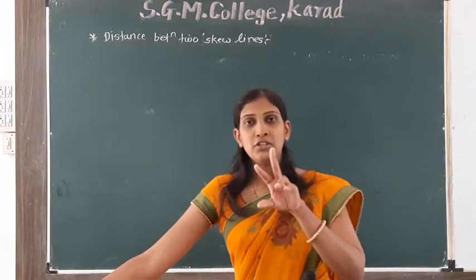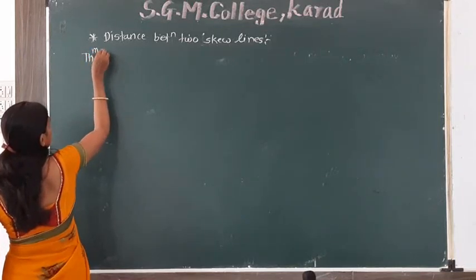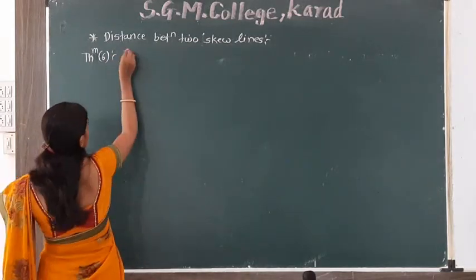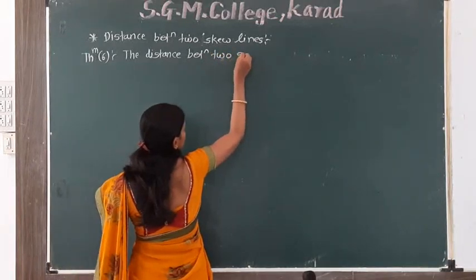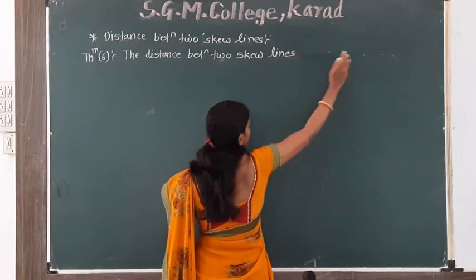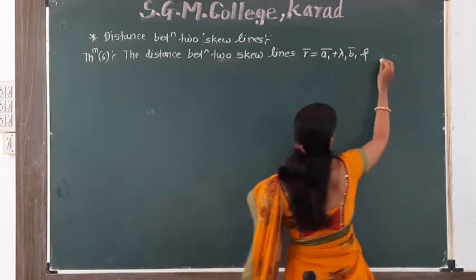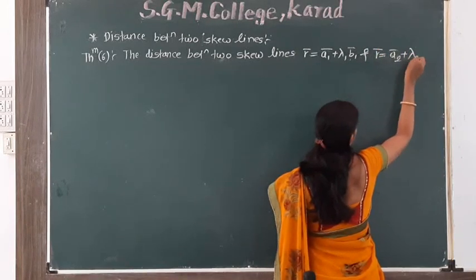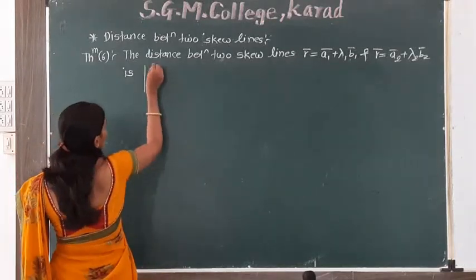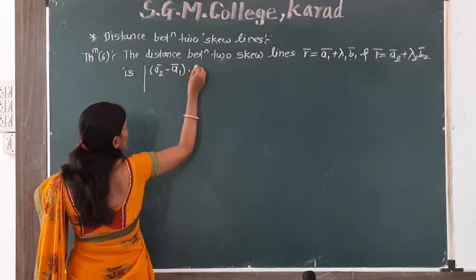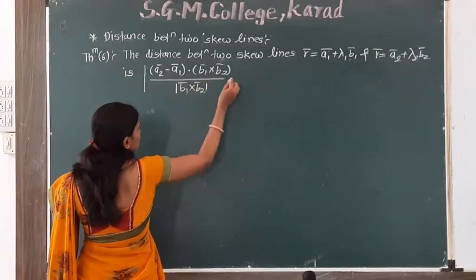Now we have to find the distance between two skew lines. So our theorem number 6: the distance between two skew lines r bar equals A1 bar plus lambda 1 B1 bar and r bar equals A2 bar plus lambda 2 B2 bar is mod of (A2 bar minus A1 bar) dot (B1 bar cross B2 bar) divided by magnitude of B1 bar cross B2 bar.